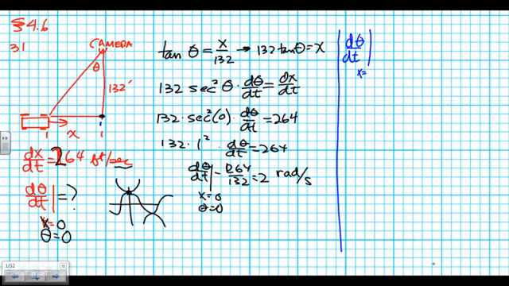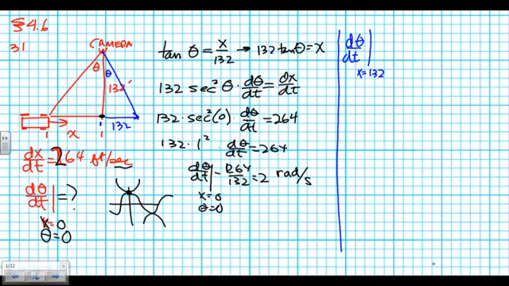A half second later, it will have moved 132 feet. If it's moving 264 feet per second, a half second later it has moved half that distance. So we're going to say when x is 132, now what angle theta do we have at that point?